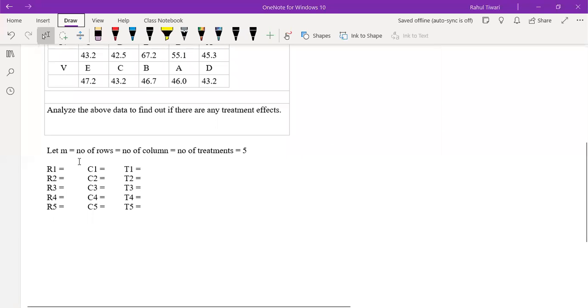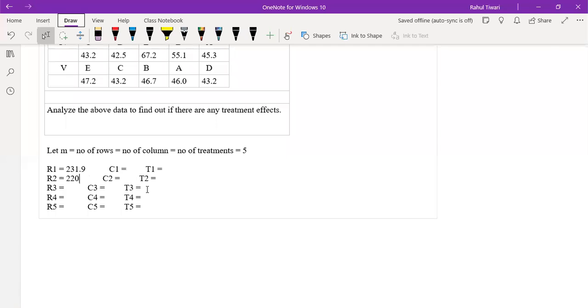Good. So I think the question has been calculated. So let me write down these values. 231.9. Just let me know whether these are right or wrong. 223.0.